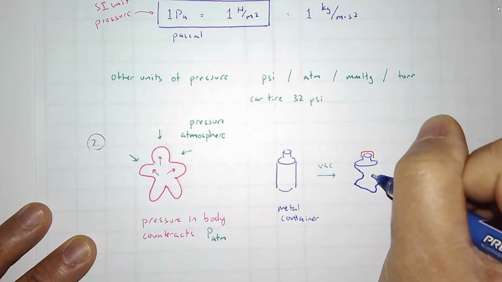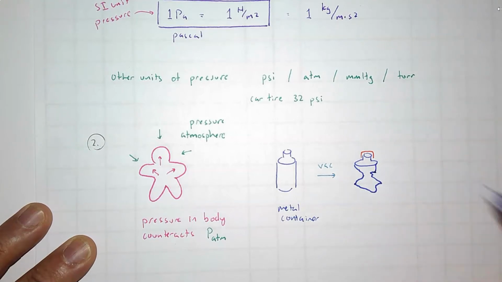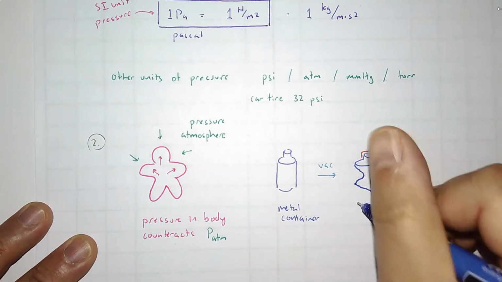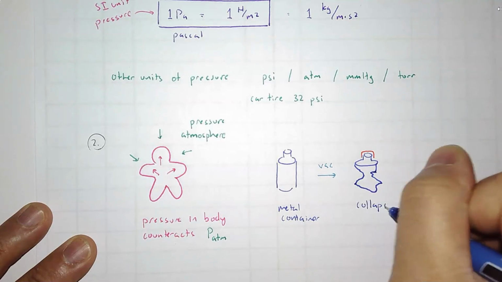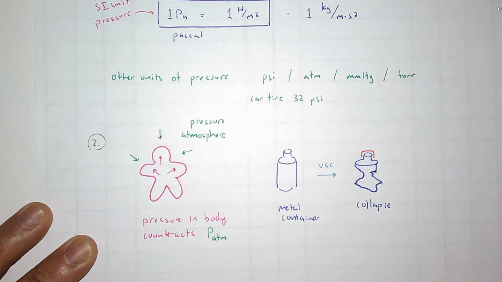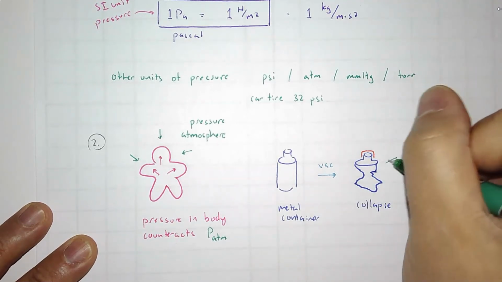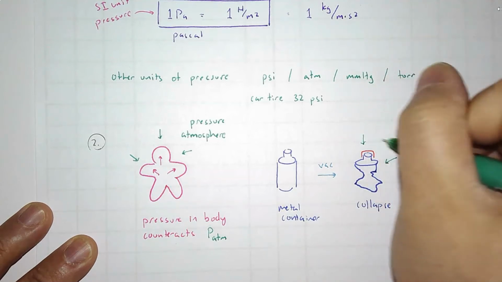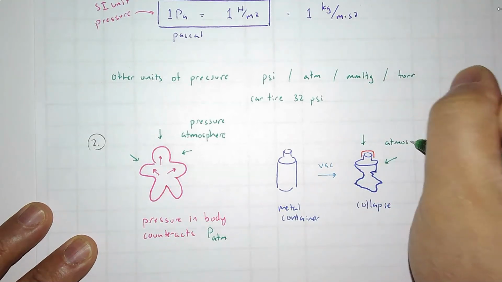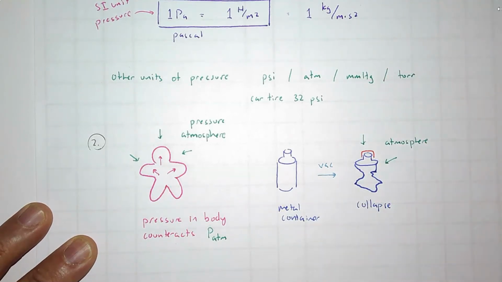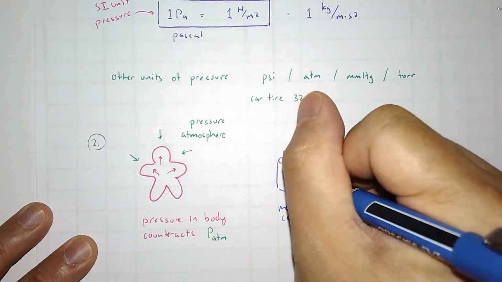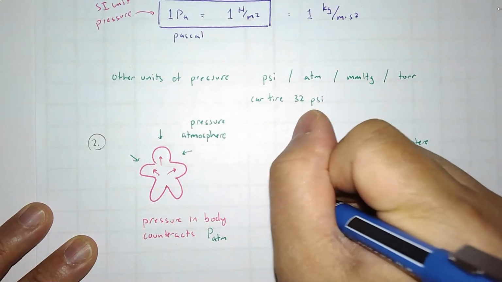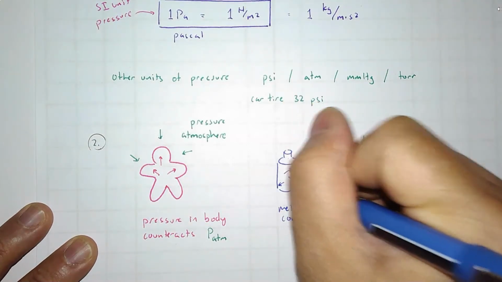What's going to happen is it's going to start to collapse on itself. Okay. So it collapses. And that's because the atmosphere is pushing against it, but there is no counteraction. There's no gas inside pushing against the walls of the container.